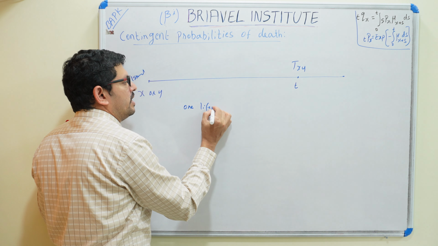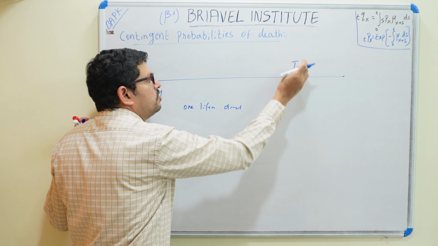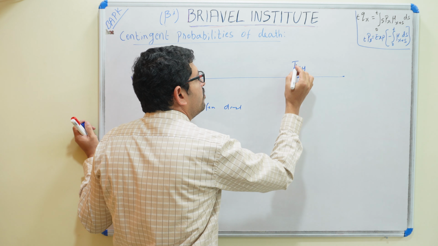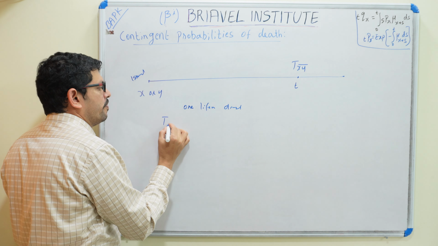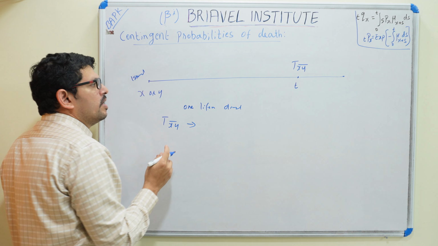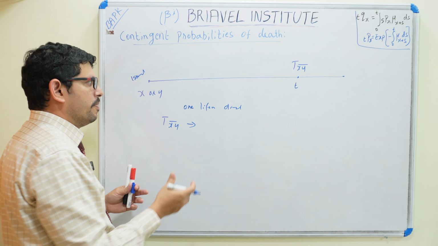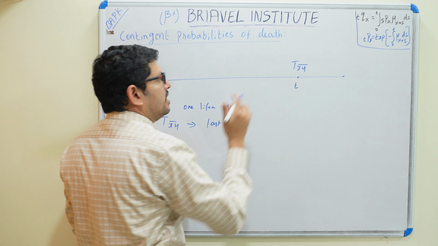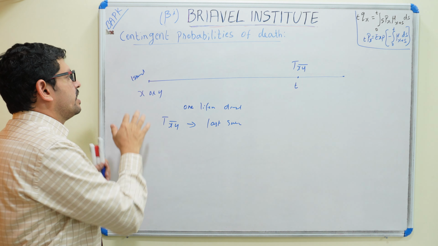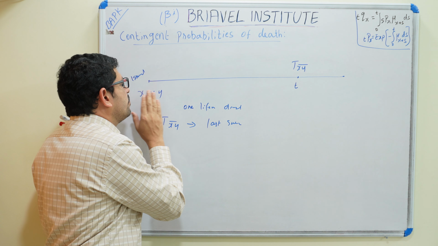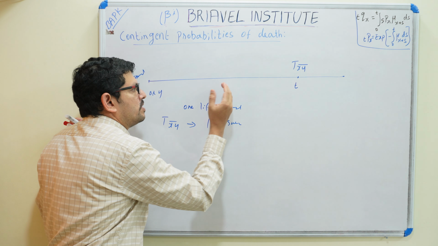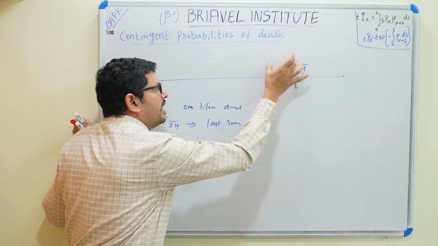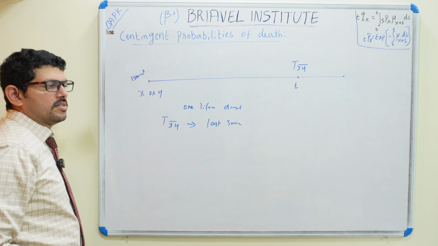One life died means the joint life status has failed. We also represented T of X bar Y, where both lives have died, meaning the last survivor died at time T. So in the last chapter we studied only whether the first person died and the life status failed, or both died.